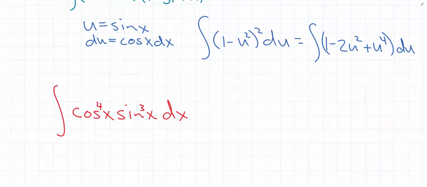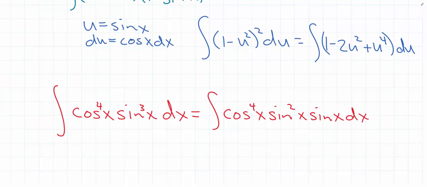Now, here's what we can do. What I'm looking for is to let u be either sine or cosine and then du be the rest of it. That's what I really want in my heart. So let me just go through here and see what I can do. One of the things I notice is I've got cosine to the fourth x, and then I can write this as sine squared x sine x.